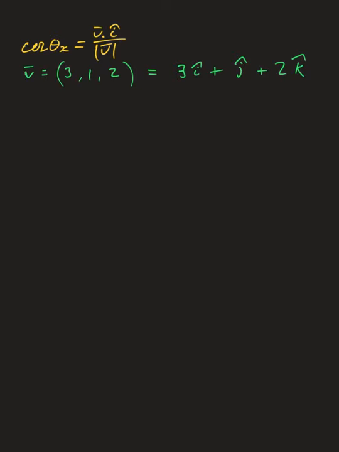So what I need is the dot product with i, and I need the magnitude of v. So let's get the magnitude first. The magnitude of v is just the square root of 3 squared plus 1 squared plus 2 squared. It's equal to the square root of 9 plus 1 plus 4. It's equal to the square root of 14. Now what about v dot i?